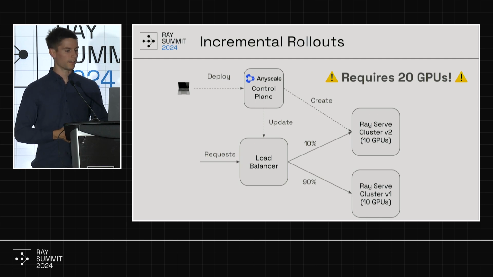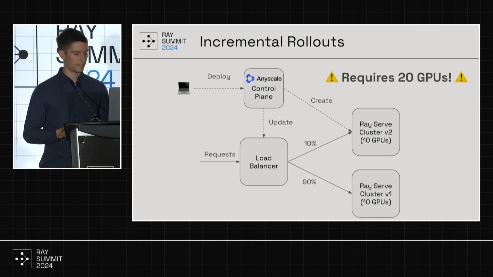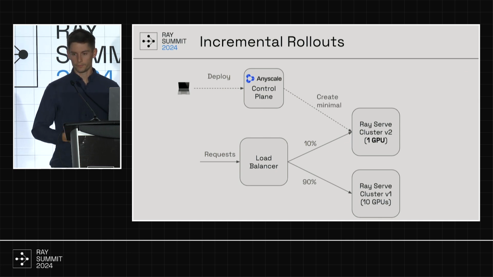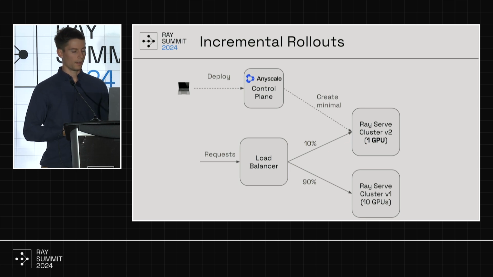So this is an area that we had a few customers that had issues with, and we wanted to basically solve it and give you the best of both worlds. So let's talk about what Anyscale supports now. The key difference is instead of spinning up the full version of the new cluster, we'll instead create a minimal version of it that uses the fewest resources possible.